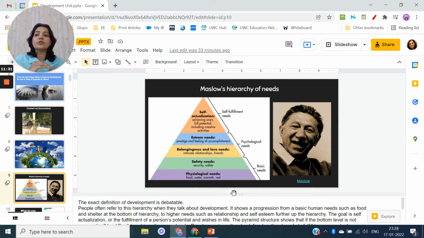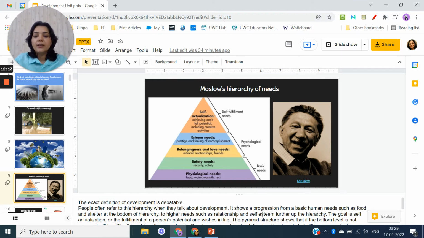So moving from the biological needs or the basic needs to the psychological needs or the self-fulfillment needs, which is connected to self-actualization, people consider this as the true picture of development, that how a country can progress, right? How a country can achieve its basic needs, right? It can start from the biological needs. It could be food, shelter, water, medication, clothing, housing which is connected to shelter only.